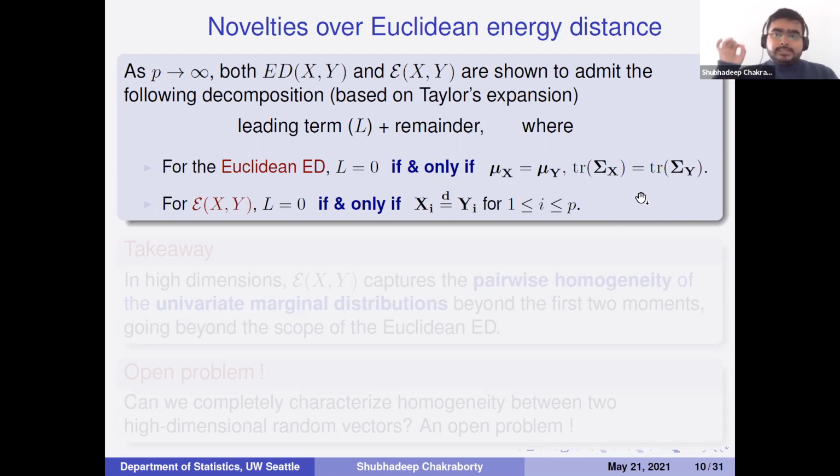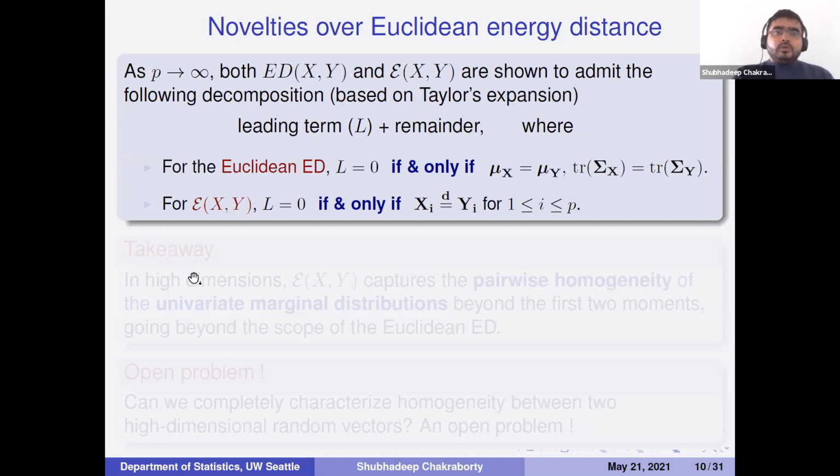It sends us a striking message that in high dimensions, the usual Euclidean energy distance cannot capture any inhomogeneity between two high dimensional distributions beyond the first two moments. We believe it's a striking result which has not been shown in the literature earlier.